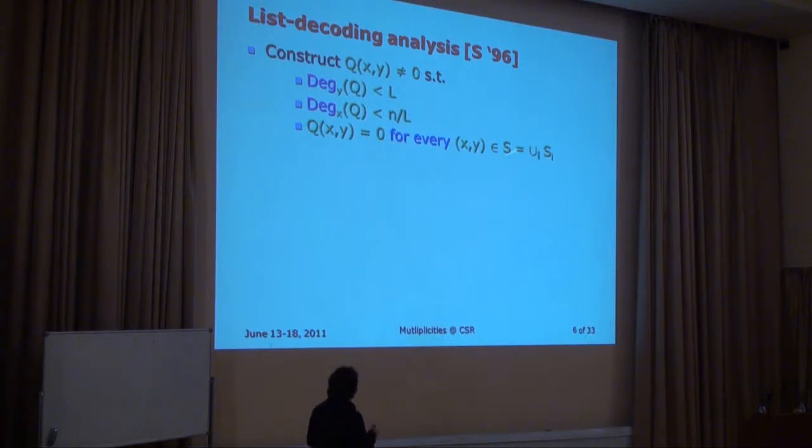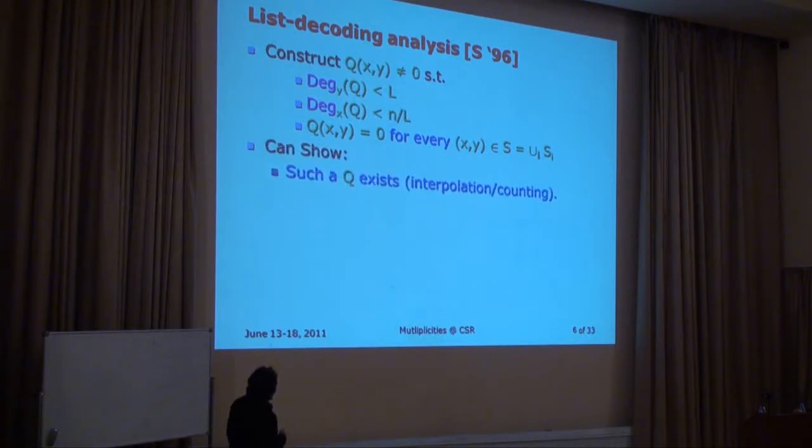So every point that's given to us, q of x, y is 0. Why these parameters? Well, these parameters allow us to prove that such a polynomial q exists.